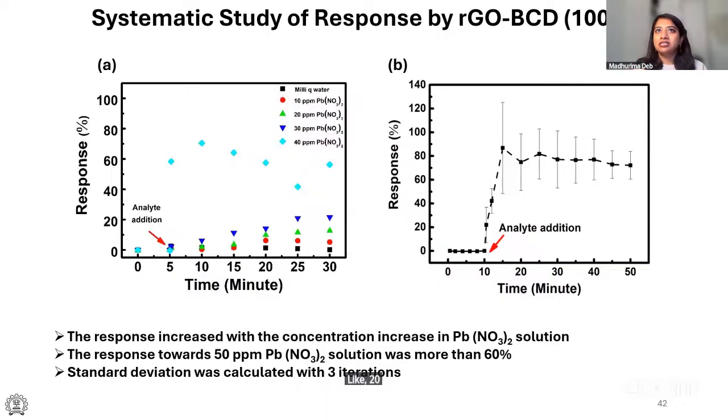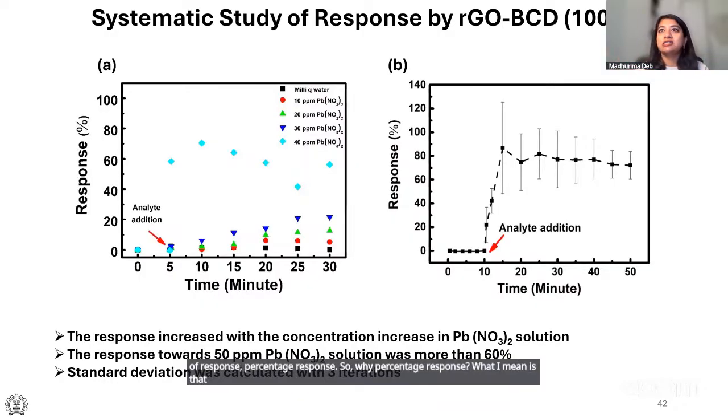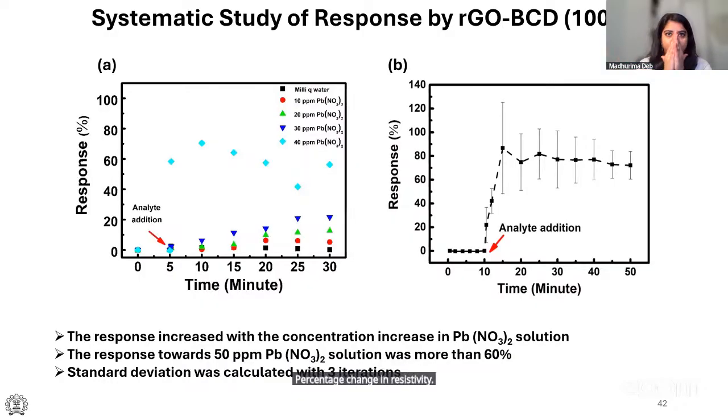But when I increase the concentration to 40 ppm or 50 ppm, then I get almost 80% percentage response. By percentage response, I mean the percentage change in resistivity. So the response towards 50 ppm of lead nitrate was more than 60%, which was a lot of increase as compared to the regular RGO.